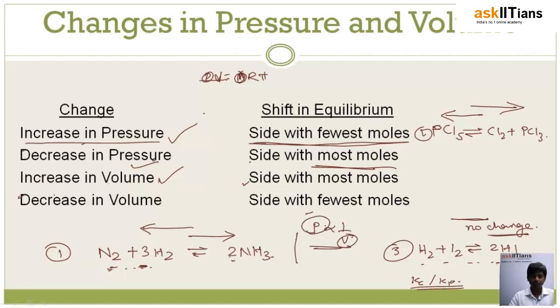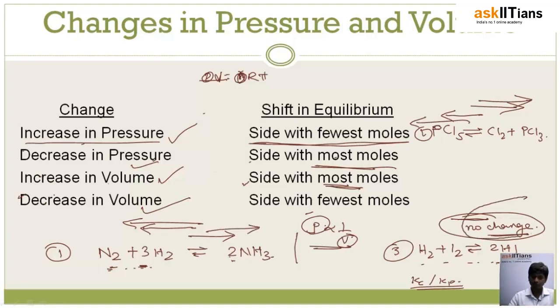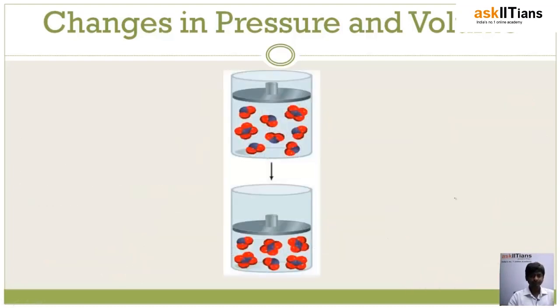So what is decrease in pressure? Most moles. So it will again be in this direction, again no change, and in this direction. A decrease in volume is obviously opposite to that, and it will again be no change. Okay, understood? Fine. So this is about changes in volume and pressure.